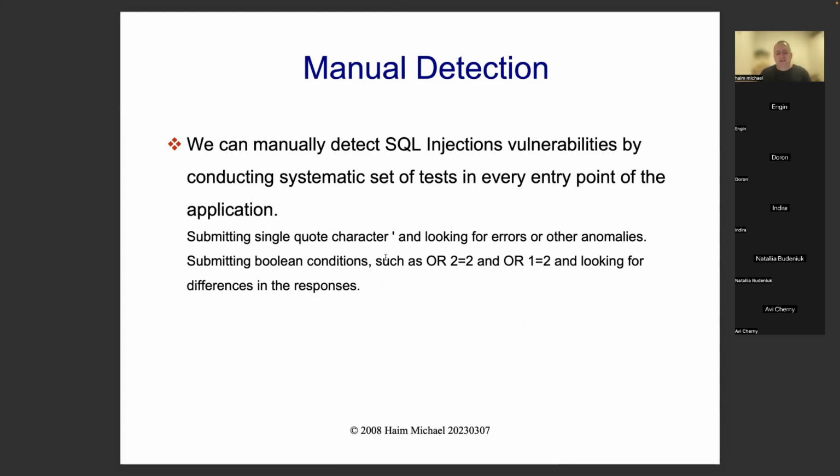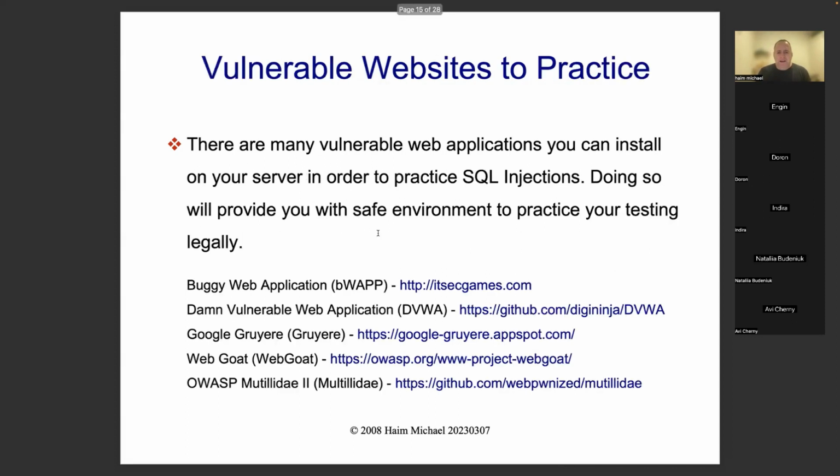You can also try submitting a single quote and looking for errors or other anomalies. It is also a way for detecting security breaches. And there are other ways for doing it manually, but I didn't cover them here.